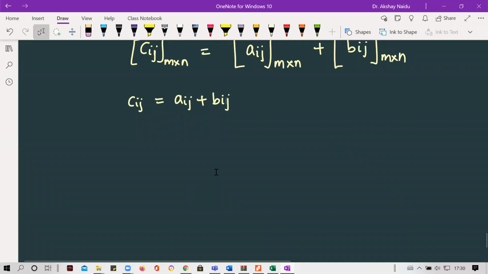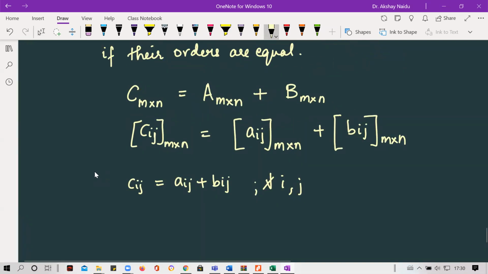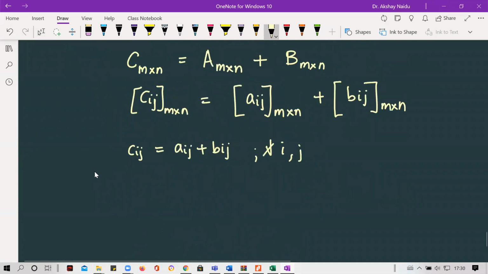And of course, when you write programming, you have to be very clear of these i's and j's in arrays. So for every i and j, Cij is equal to Aij plus Bij.